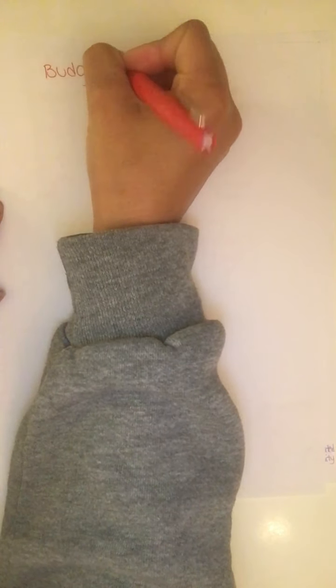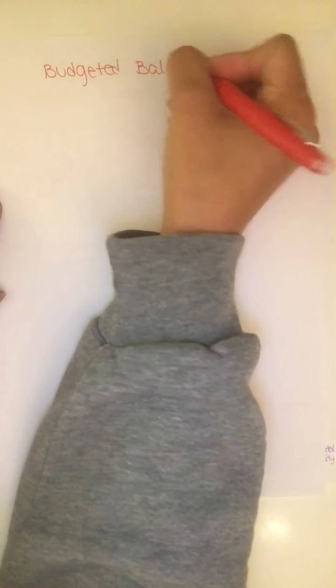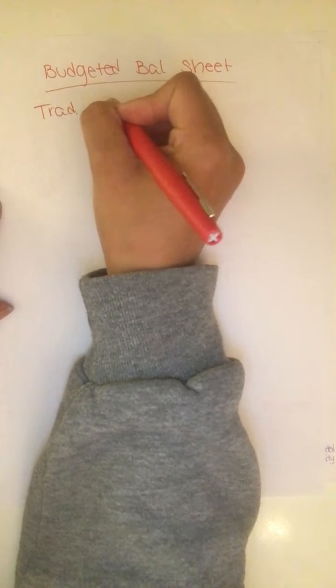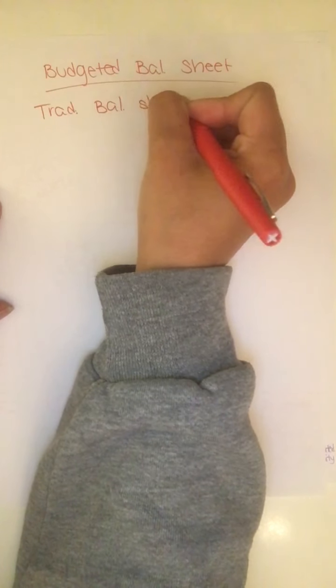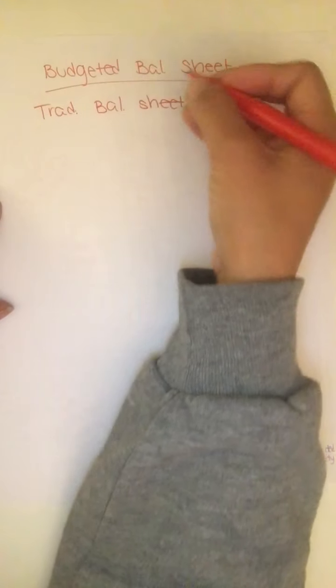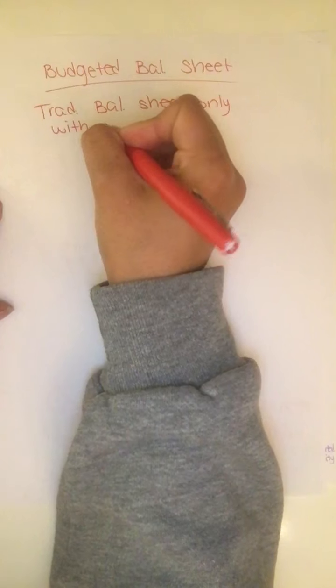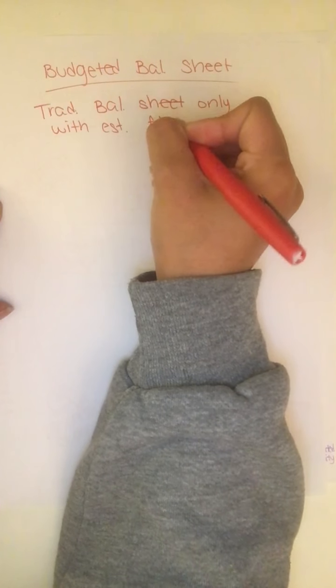Budgeted balance sheet. So it's just like a traditional balance sheet. It's going to follow the traditional format as well. So traditional balance sheet only with estimated figures instead of actual figures.